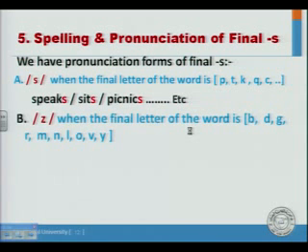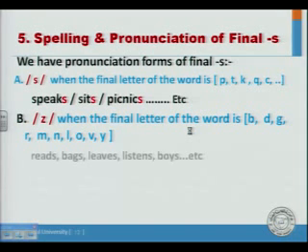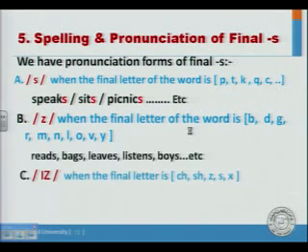Second, we pronounce S as Z, like the letter Z. When the final S comes after the letters B, D, G, R, M, N, L, O, V, U, the pronunciation is Z. By example it will be clear.